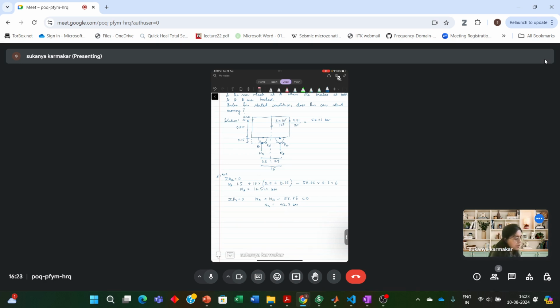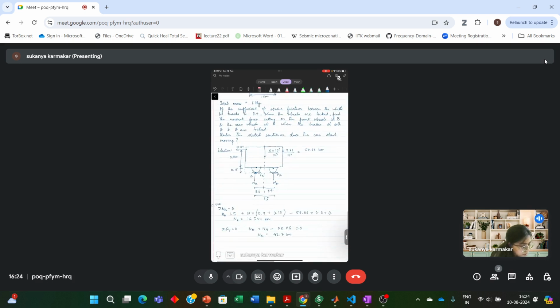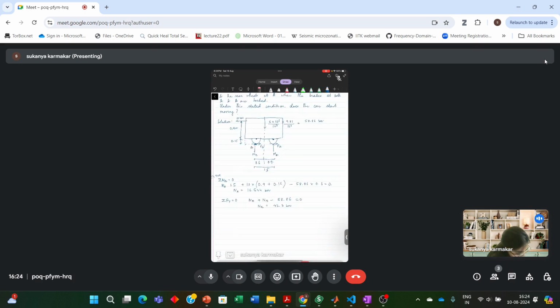Now let's find out the friction forces FA and FB. Now both the wheels are locked. Then the coefficient of friction is 0.4. So FA will be 0.4 into NA, that is 6.6 kilonewton, and FB will be 0.4 into 42.3 kilonewton, which is some 16.9 kilonewton.